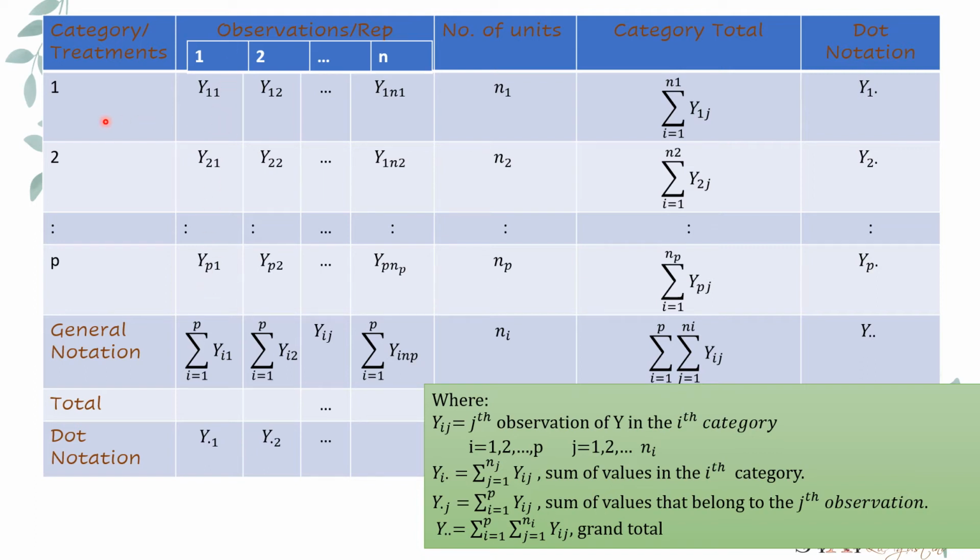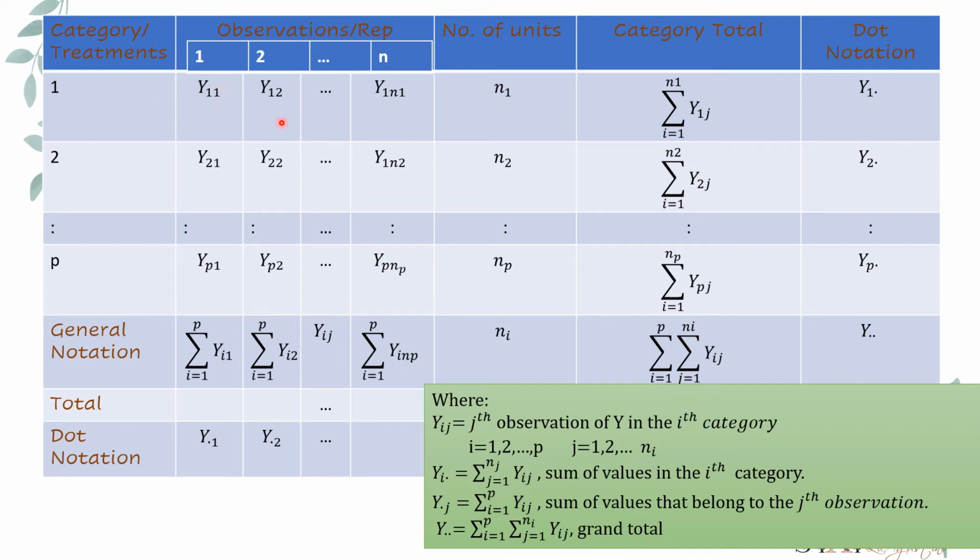So they intersect here, this is the intersection point. So the observation, or the dependent variable, or the outcome value here is y11. That means it is the observed value from category or treatment 1, observation 1.